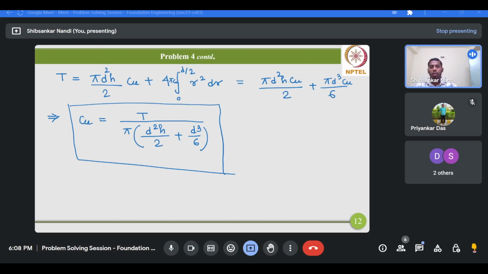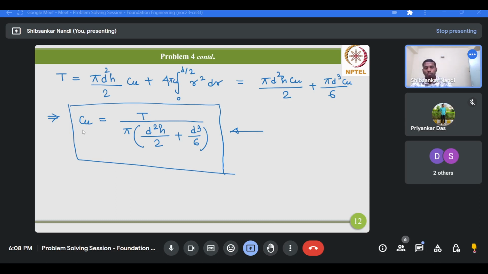Here basically we are taking pi common, d square h by 2 plus d cube by 6, and cu we are taking on the left hand side. So this way you can utilize the dimensions of the vane shear equipment and the applied torque, and you can easily get the undrained cohesion.